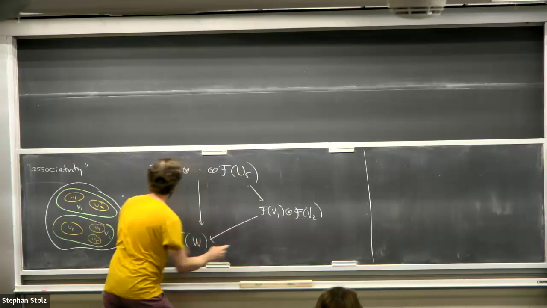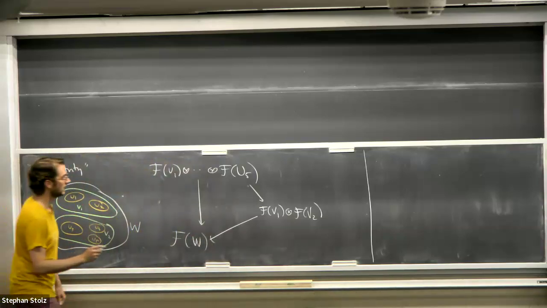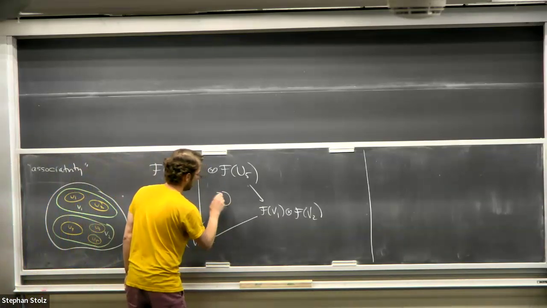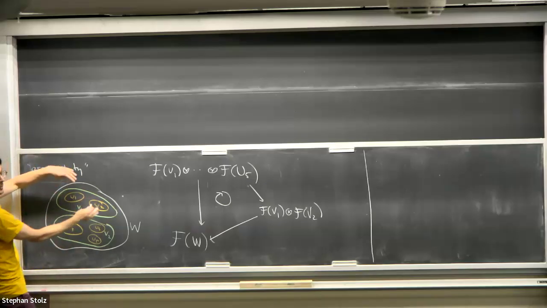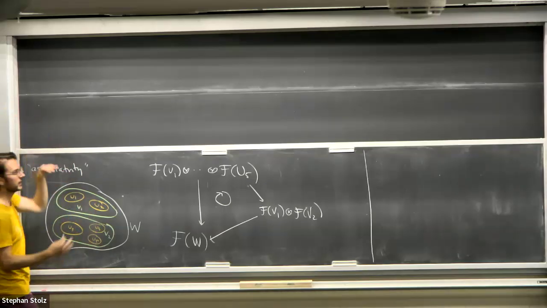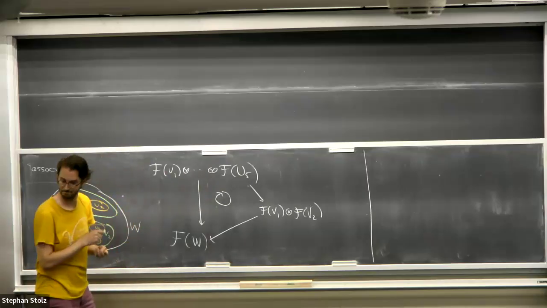And of course, there's a map from these things up to here. I would like this to commute. More generally, if you have a bunch of opens, including into a set of opens, and you go further, it has to commute in this way.